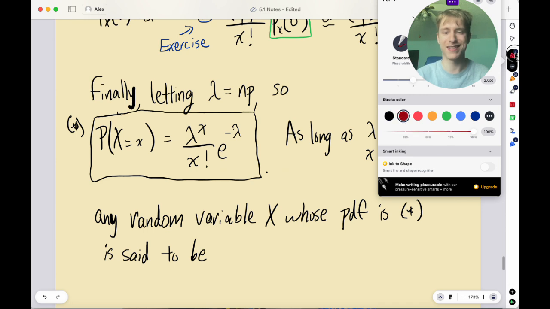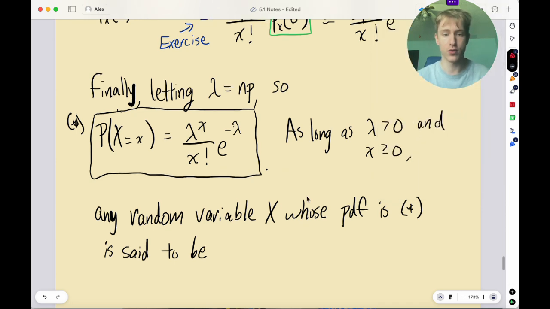This is going to be the second of our important distributions.